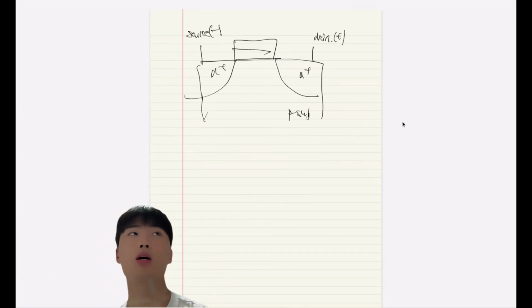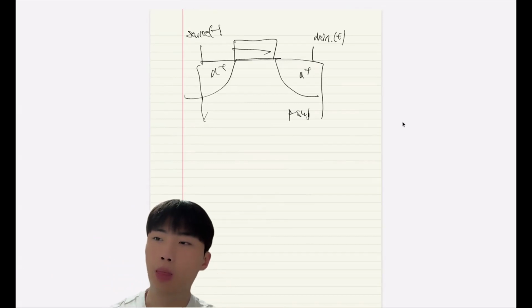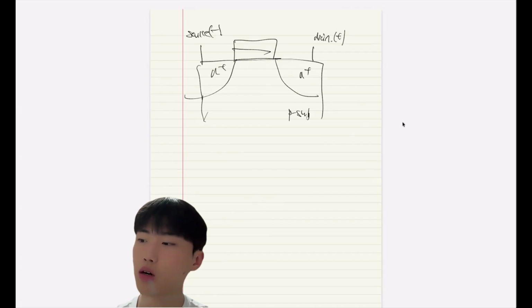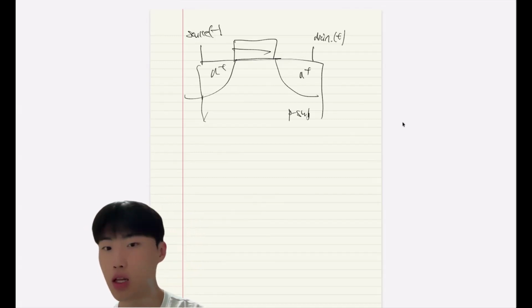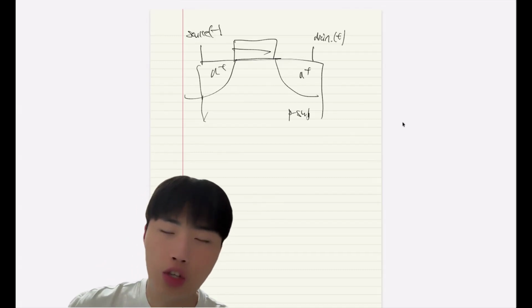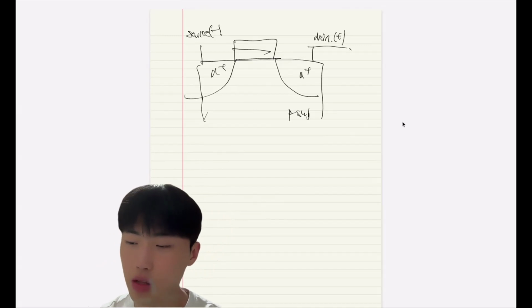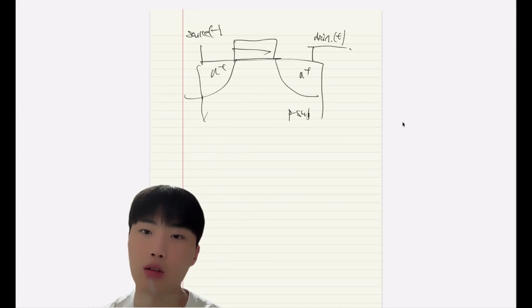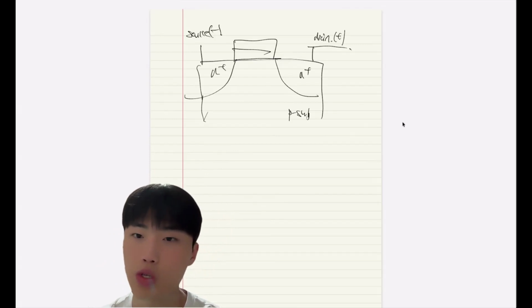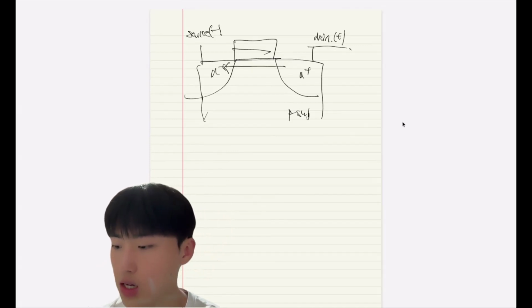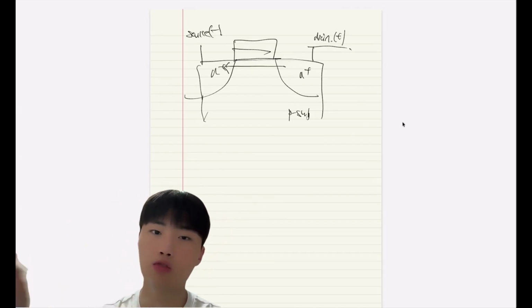But this was a non-expert kind of talking, but we are now majoring in electronics engineering. So when we have plus bias on the drain side and minus bias on the source side, the electric field will go from drain to source like this, from the right to the left.